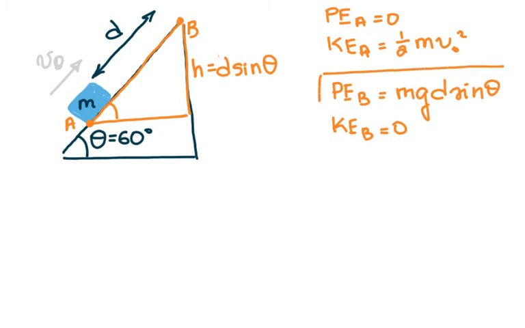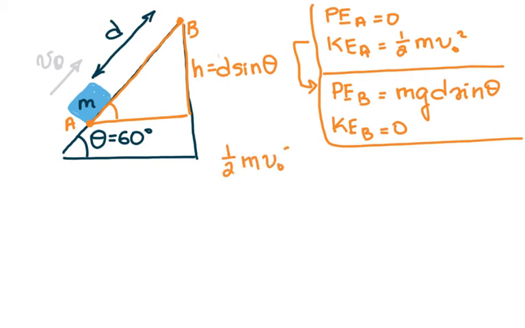So you can look at the conservation of energy. Your energy at A went into energy of B. So you can set them equal to each other. You can set 1/2 m v initial squared equal to mgd sine theta. So the mass and the mass cancels.